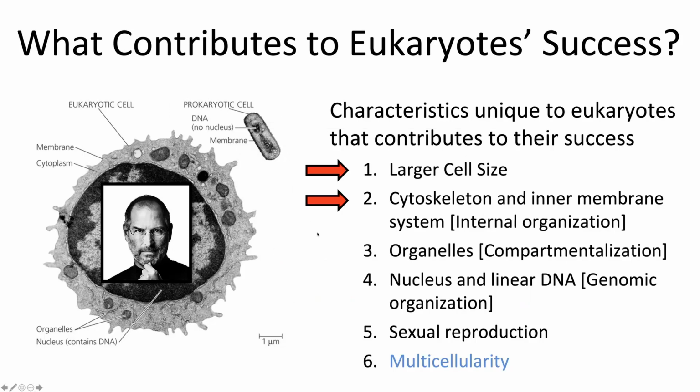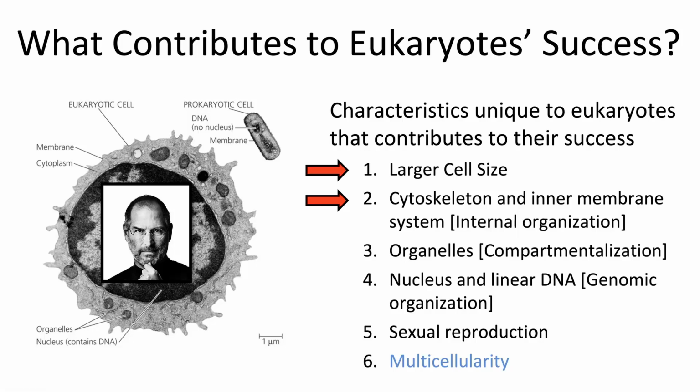And the first thing I want to talk about is something called a cytoskeleton and the system of membranes that are inside eukaryotic cells. I'm generally going to refer to this as just the overall internal organization, and the fact that there are a lot of unique adaptations in internal organization in eukaryotic cells.